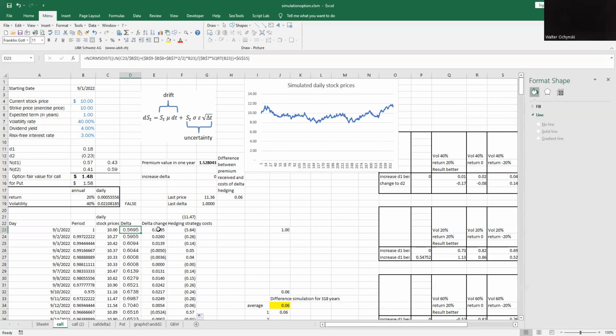Then in E24, we have the delta change. Since it is the first transaction, the full amount of delta is the delta change. And then we have to buy, in this case, according to delta, 0.5695 shares at the price of 10. So we pay 5.695.